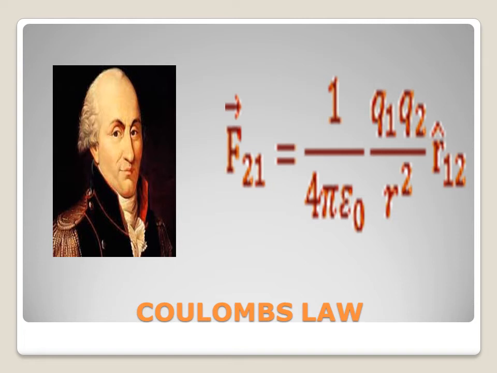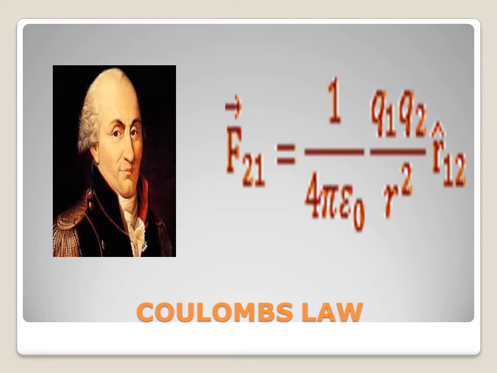Next we have Coulomb's law. This is Coulomb. In the year 1786, he deduced the expression for the force between two stationary point charges in vacuum or free space. He considered two point charges q1 and q2, which are at rest in vacuum and are separated by a distance r.